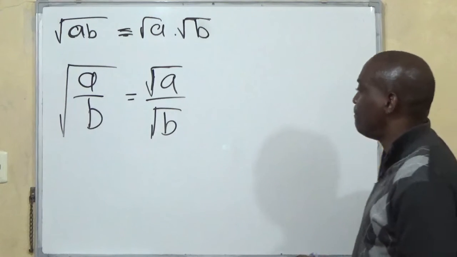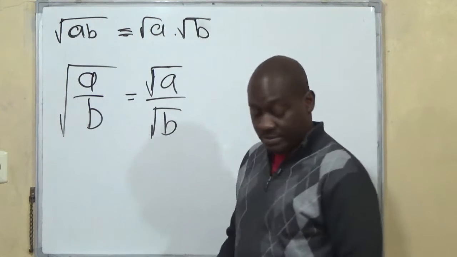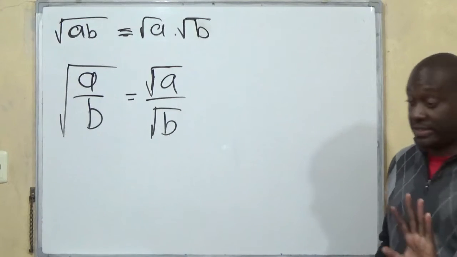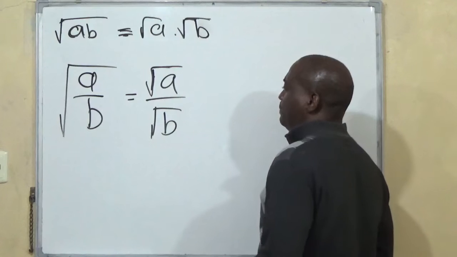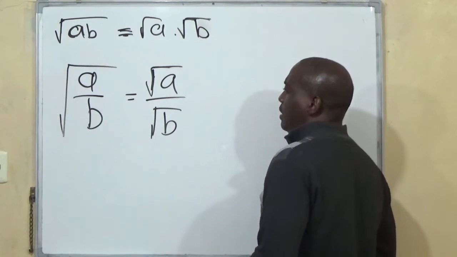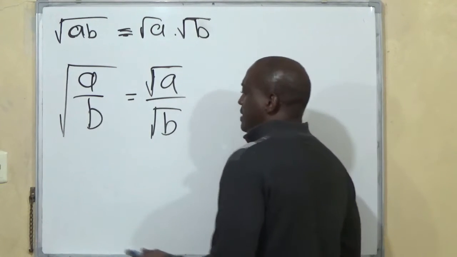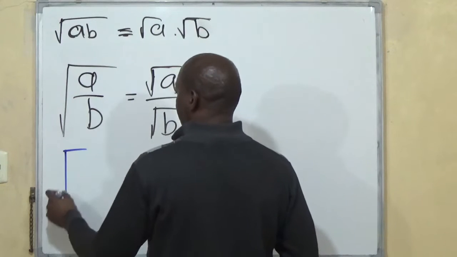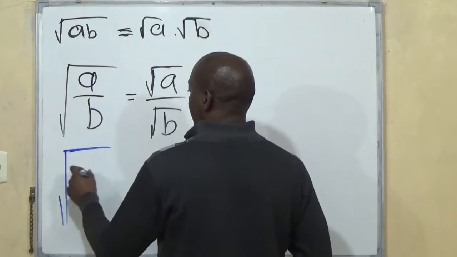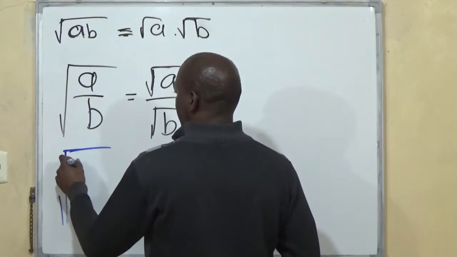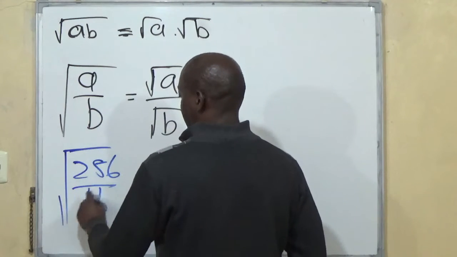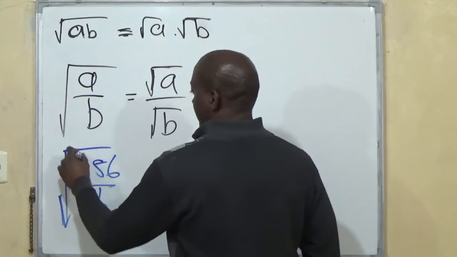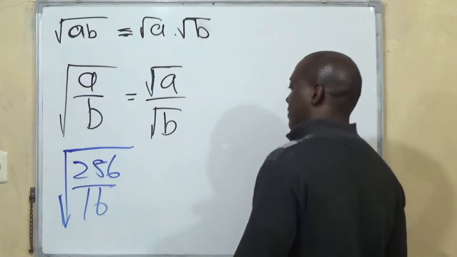All right, forget that. Let me use the same numbers we just used. Sometimes I just go overboard trying to get these numbers to work. Let me say the square root of 256 over 16. This is the simplest example I could think of for now.